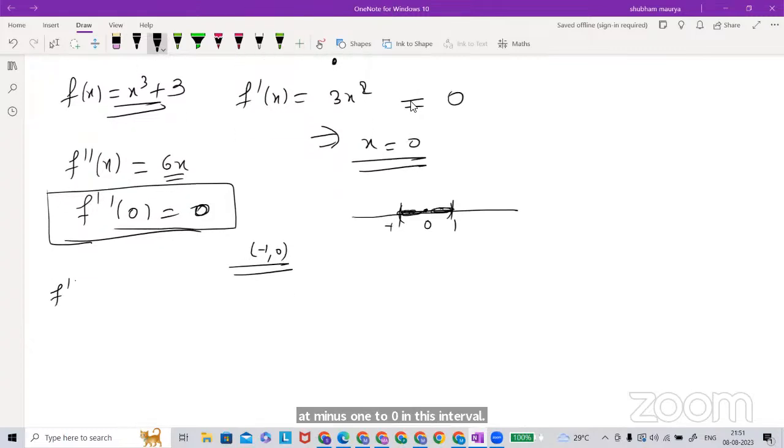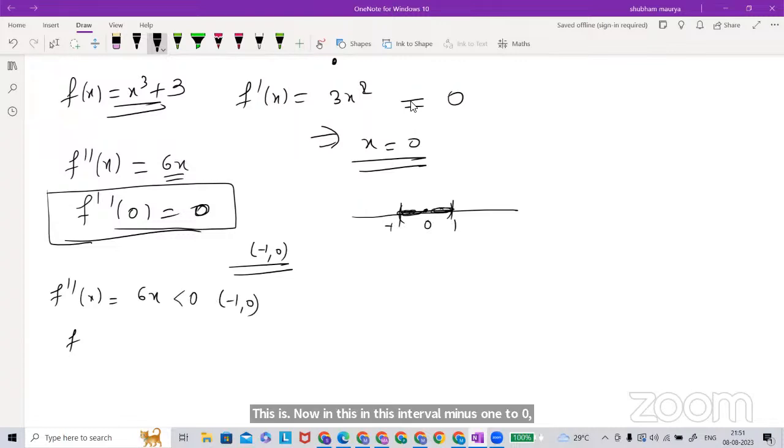We have double prime is 6x. Now in this interval -1 to 0, how will it be? It is less than 0, right? It will be lesser than 0.